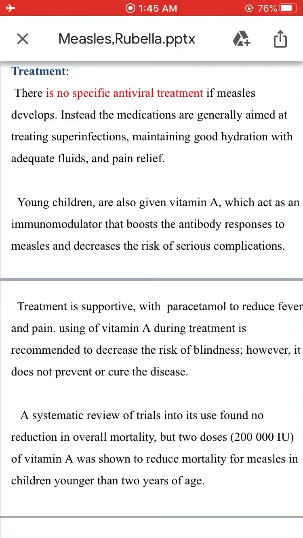A systematic review of trials into the use of vitamin A found that it cannot reduce mortality in general, but giving 2 doses of 200,000 international units of vitamin A was shown to reduce mortality for measles in children younger than 2 years old.